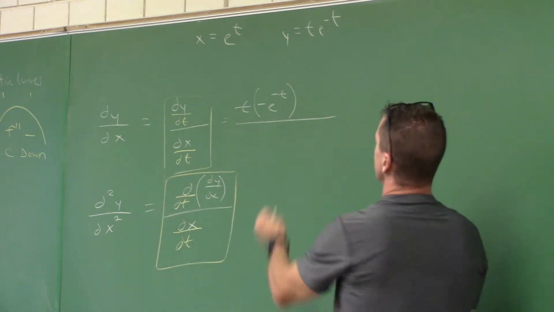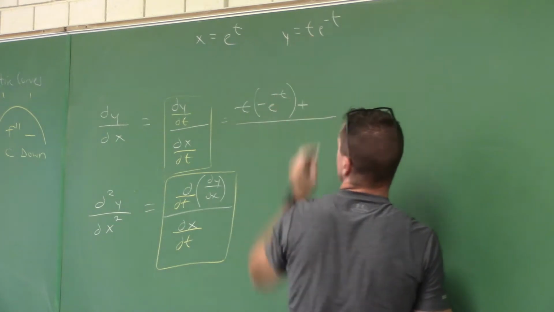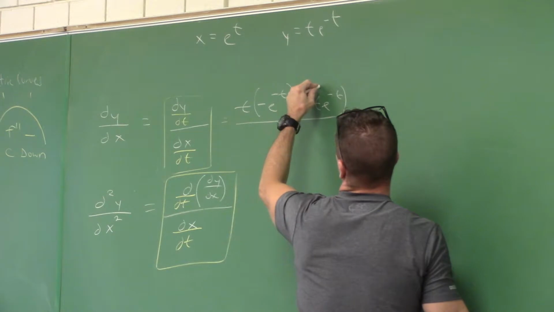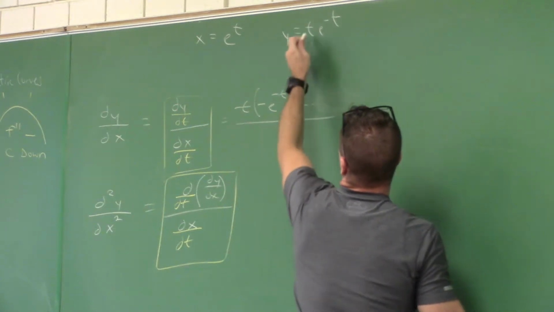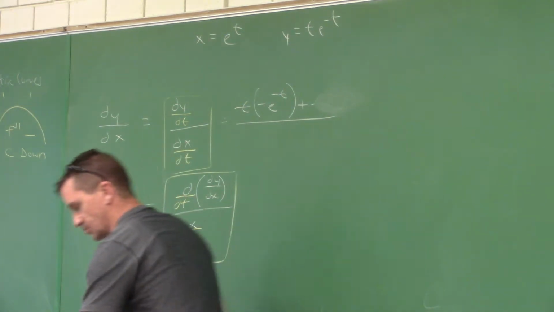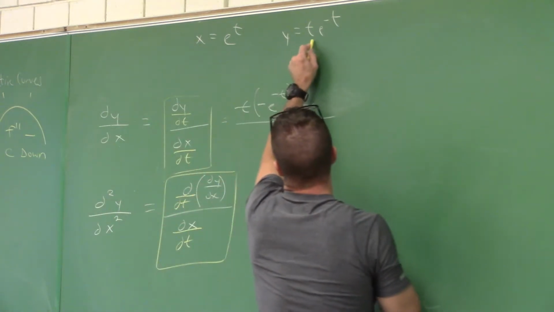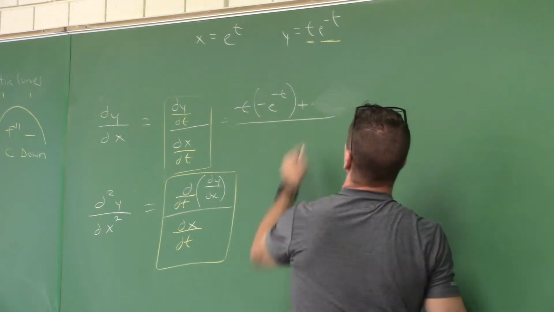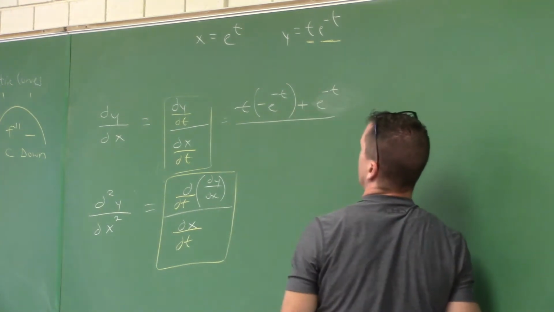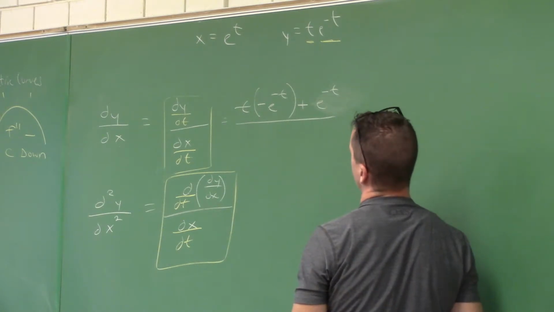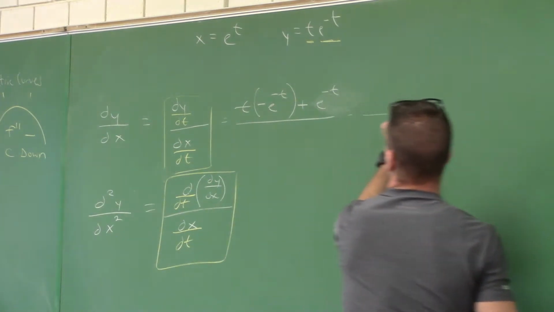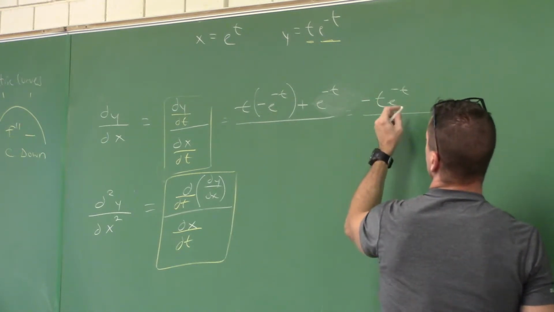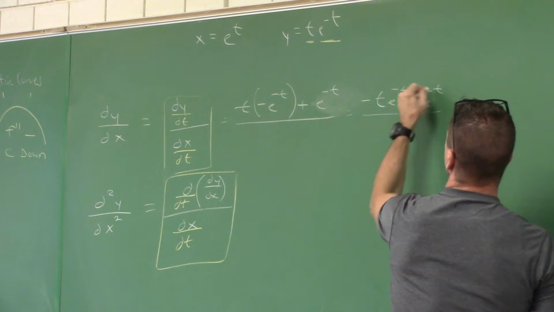Then the second times the derivative of the first, which is just a 1. By the way, I should underline the first and the second. What is that? Negative t e to the negative t plus e to the negative t.